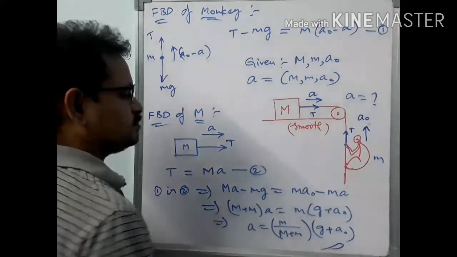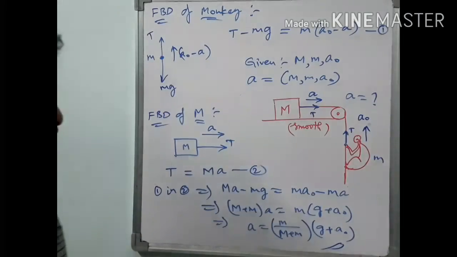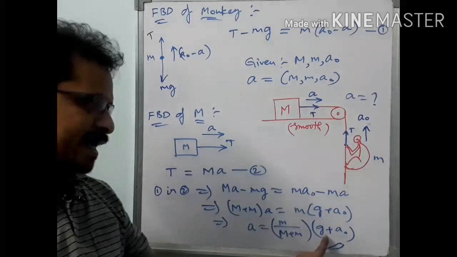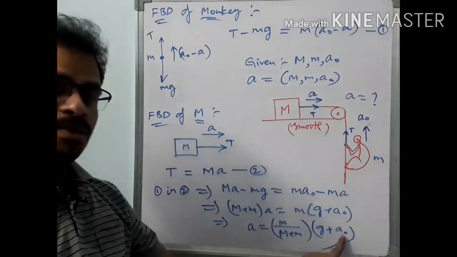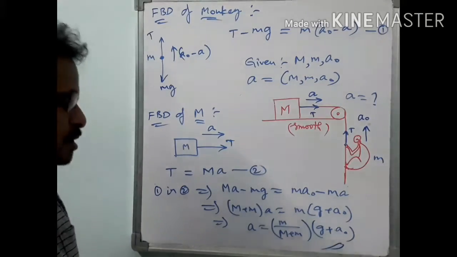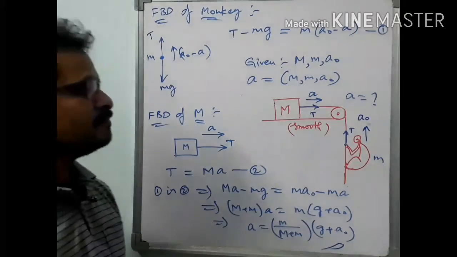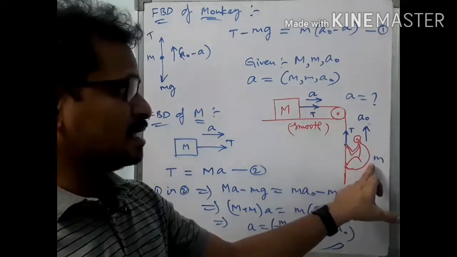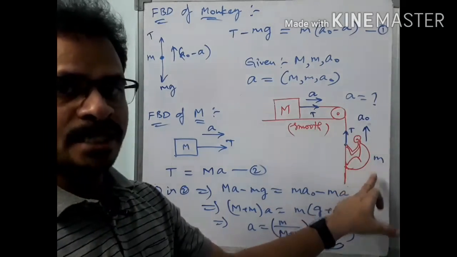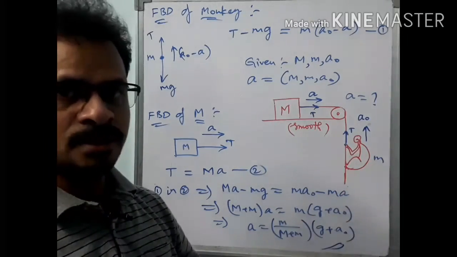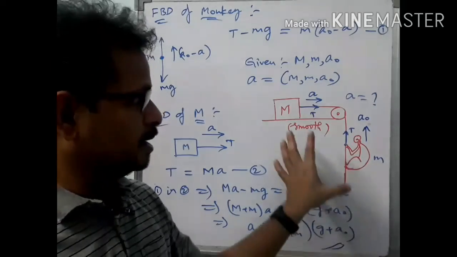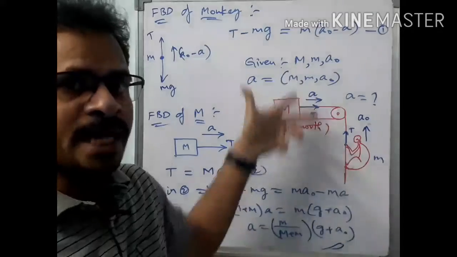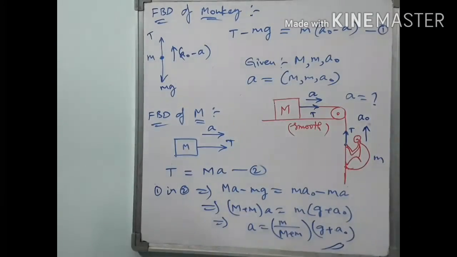This is the answer. So the block is moving with an absolute acceleration which depends on the mass of the monkey, the mass of the block, acceleration due to gravity as usual, and the relative acceleration of the monkey with respect to the rope. Simple problem. First, we expressed the acceleration of the monkey with respect to the ground. The problem was ready then. Immediately we took the FBD of this monkey and of this block separately, made two equations, and solved them. Problem is very easy, no?